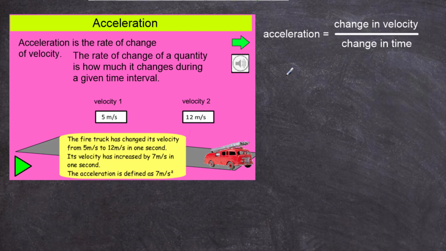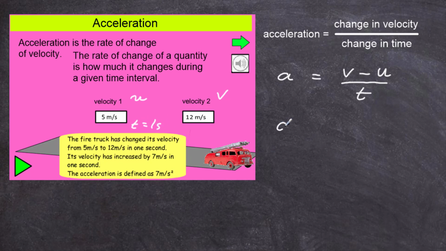We can say acceleration is equal to the change in velocity, and we'll call the change in velocity the final velocity v, take away the initial velocity u, and we divide that by the time it took for the change to happen. So in the case of the little fire truck here, we would say that u is the initial velocity, 5 meters per second, v is the final velocity, 12 meters per second, and the change took place in a time equal to 1 second.